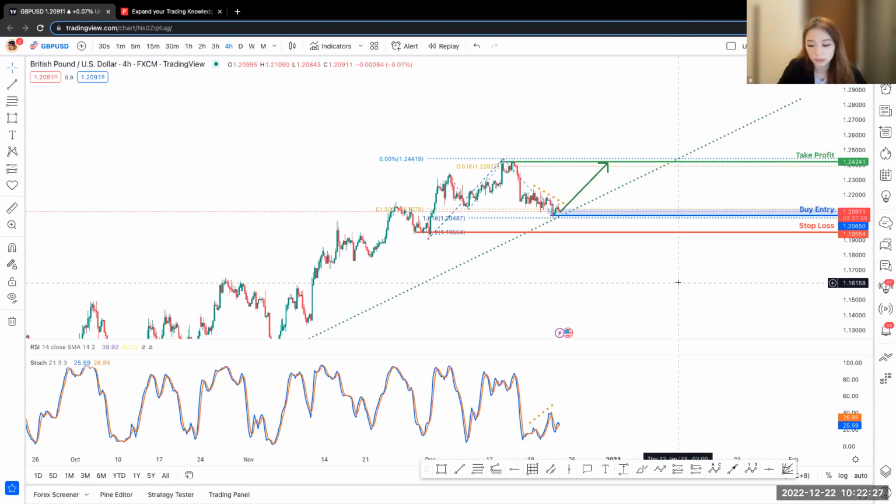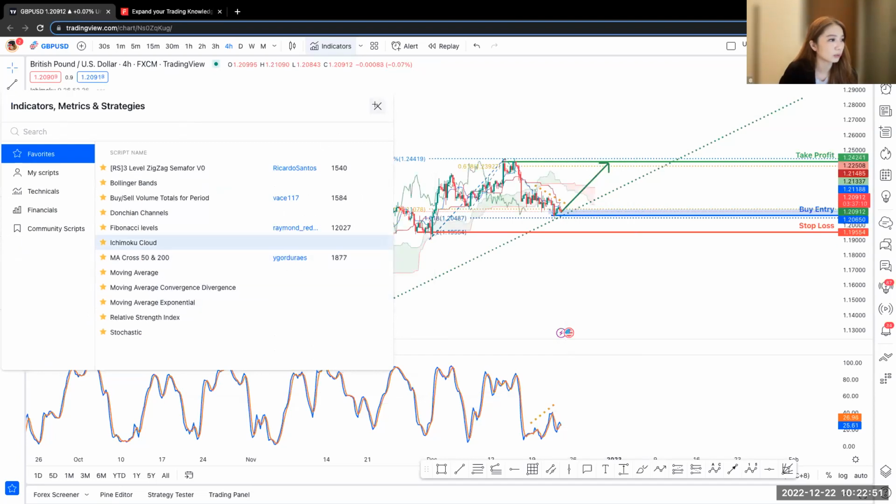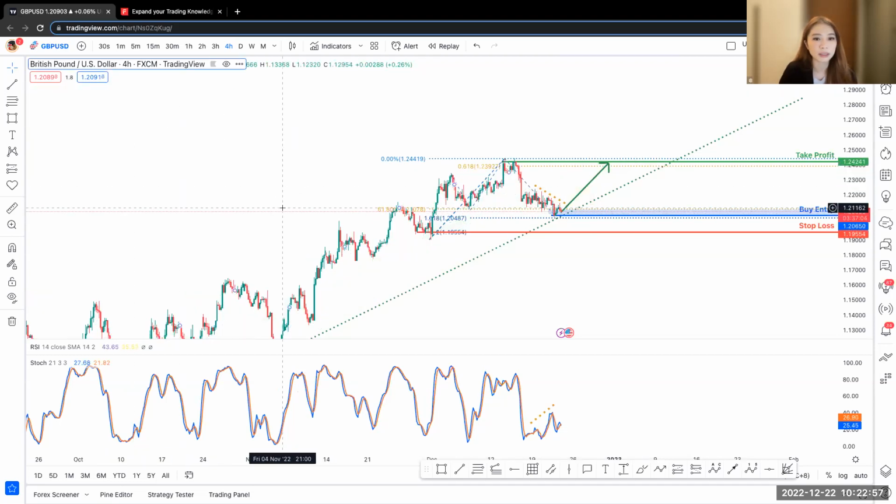So Sven, I believe the Ichimoku cloud is still below, so we are not seeing any conversion in that case, but I'm seeing a divergence.